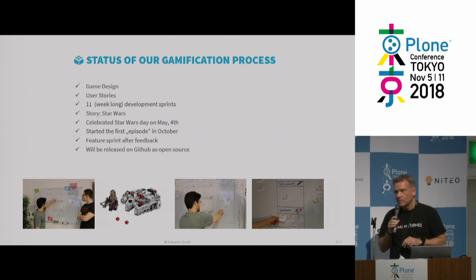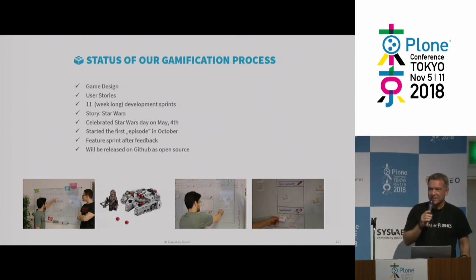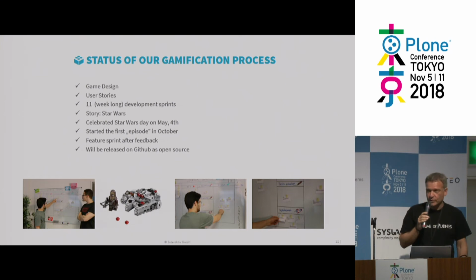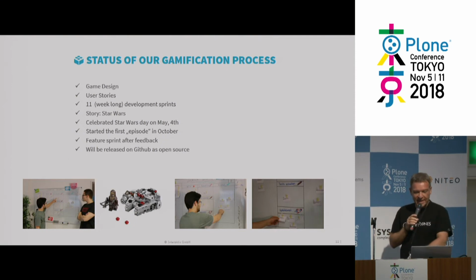And finally, when we think that we can give this piece of software to somebody else, we will do so. We want to publish it as open source software, so that if you're interested, you could maybe try this for your organization too and enjoy a game.